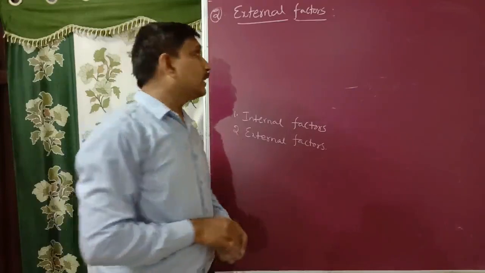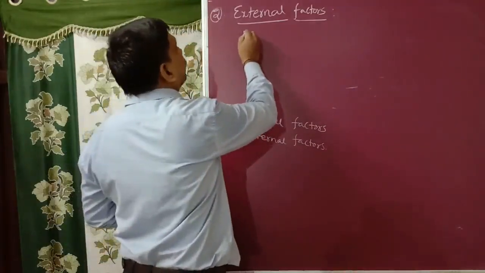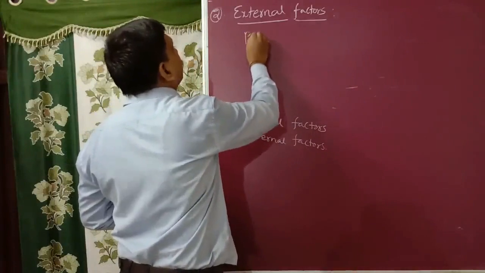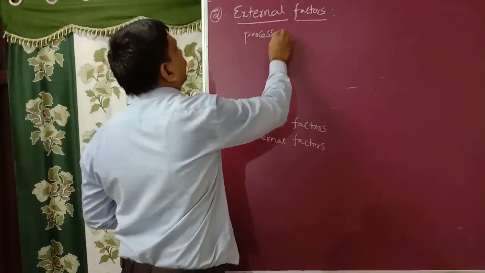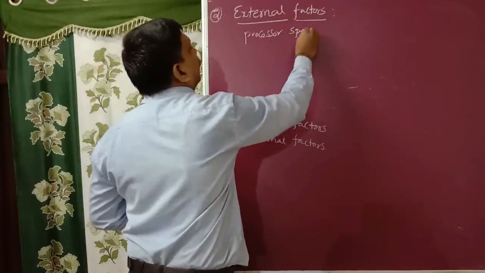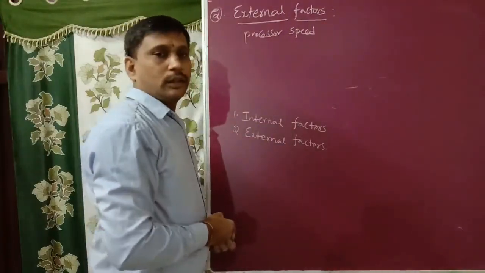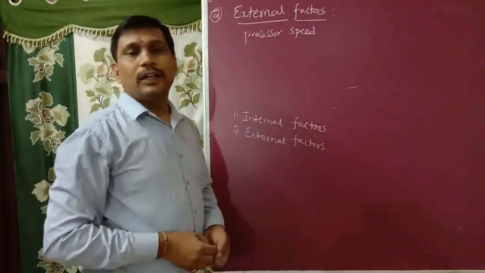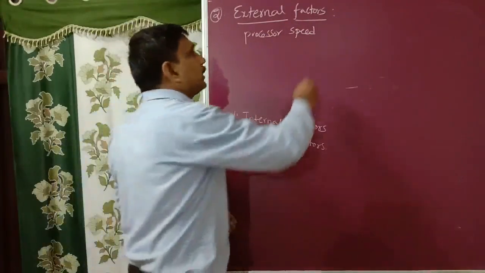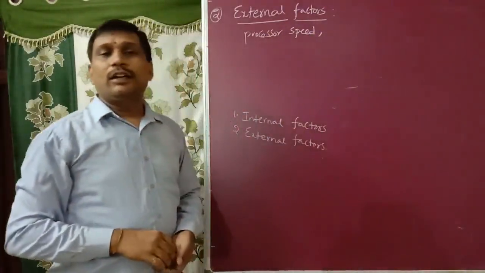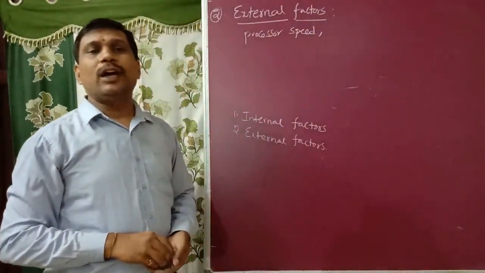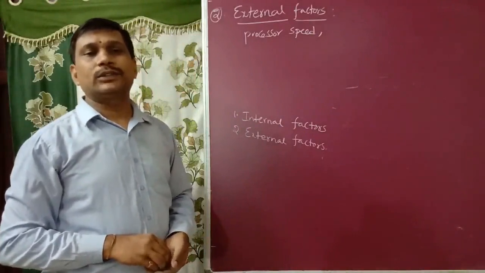External factors means whether we are using processor speed, that is 16-bit speed. This is one of the factors to decide how much time it requires.